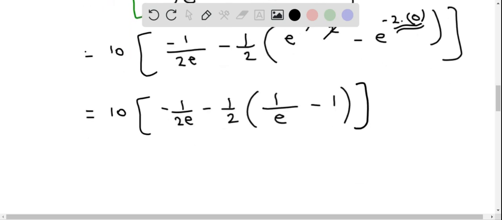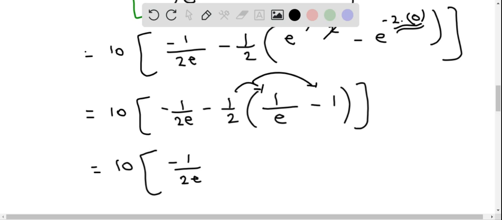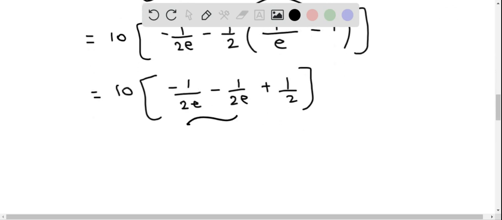Let's simplify. So this equals 10 times of minus 1 by 2e. We now distribute this 1 by 2 into the two terms inside the bracket. So this becomes minus 1 by 2 times of e, and this negative times negative is positive, so it becomes positive 1 by 2.